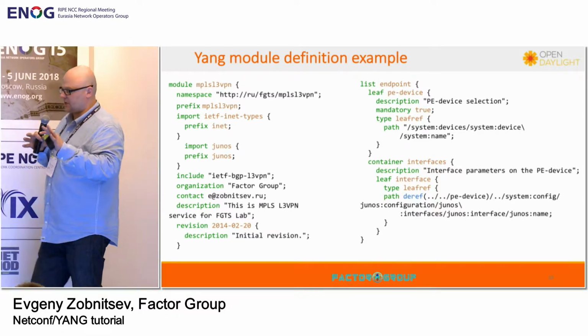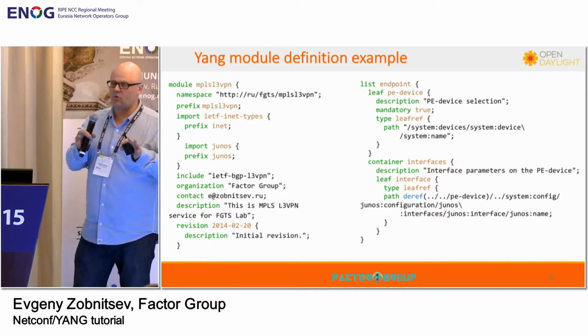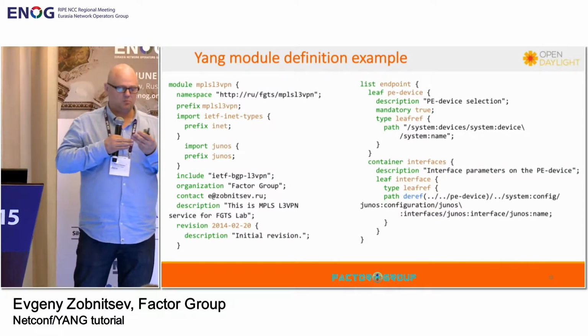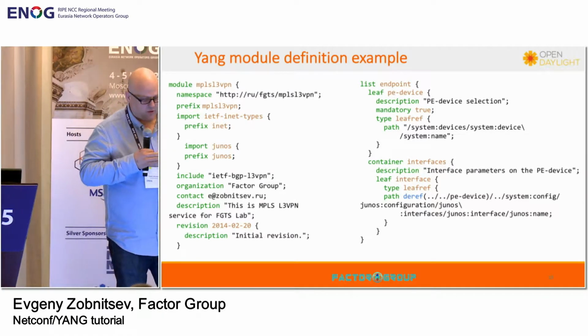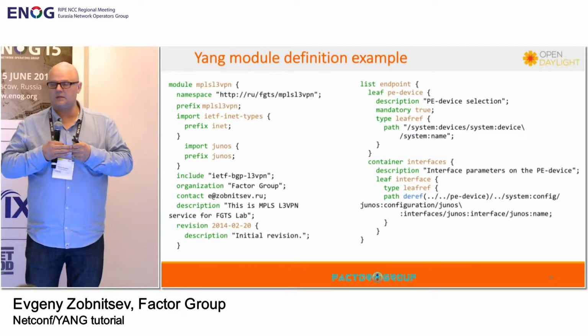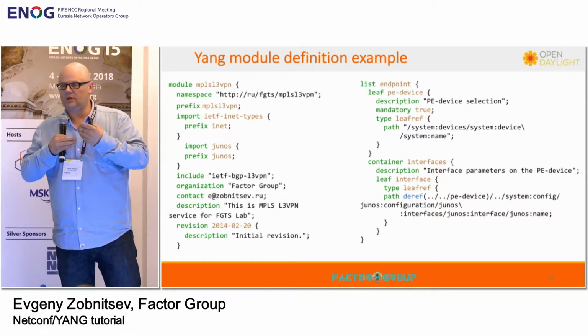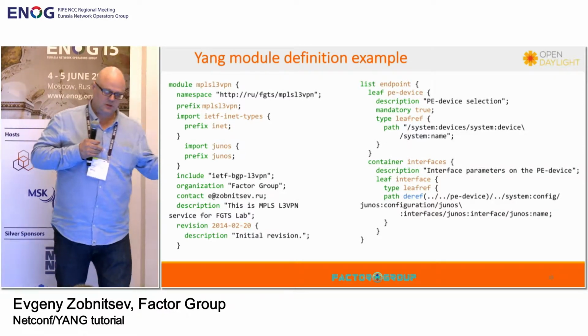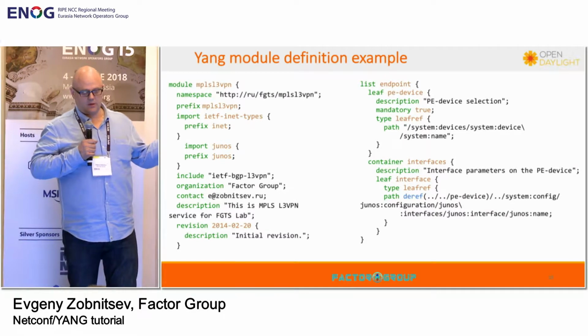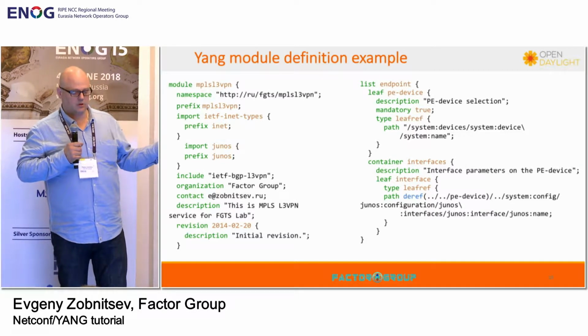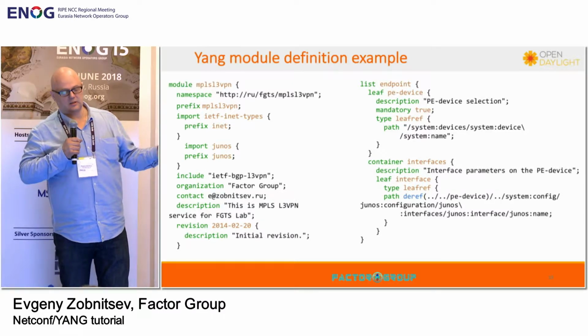And then you see everything that you expect to see from any programming language. You can import, include, augment, refer to other data sets. So there is nothing big except, as I say, we can describe it all.